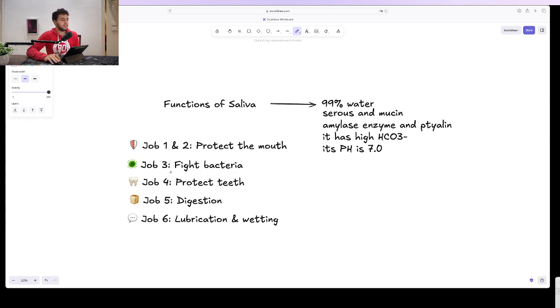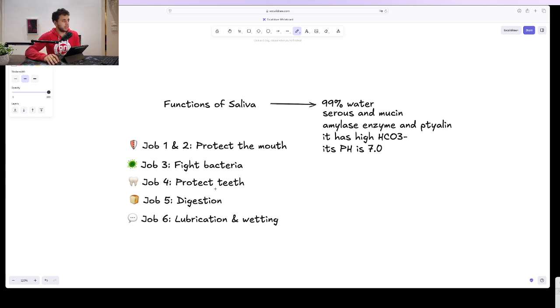Fight bacteria: saliva contains lysozyme, and it contains immunoglobulin. They fight bacteria and kill bacteria. It's good for our health, for protection against bacteria.